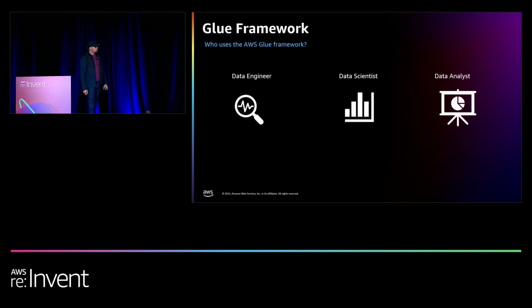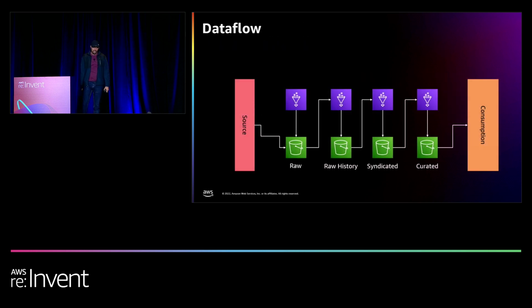So what does the flow look like for data? So before you saw in the high-level architectural diagram, kind of moving from this, but this is how we use Glue. So we use Glue as an ETL tool, 1, to move data from raw to syndicated to curated. But also, if you look at raw, we also use Glue as an extract tool.